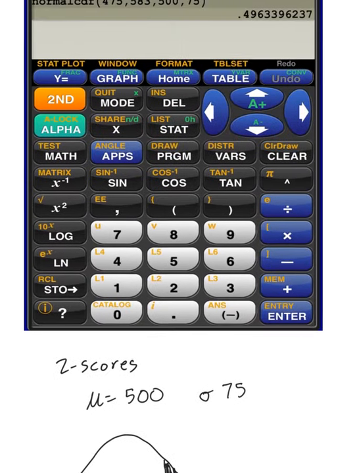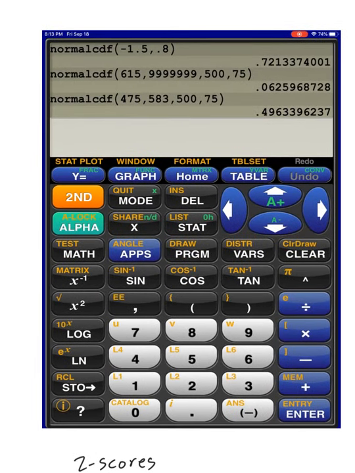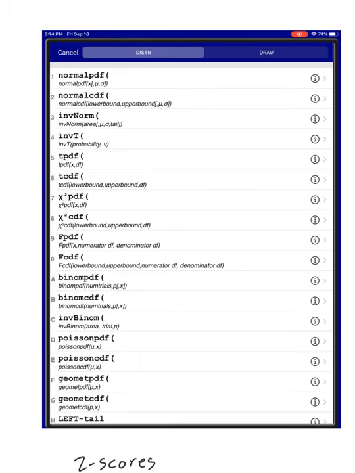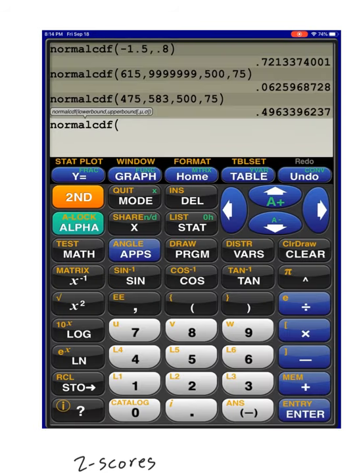So I go back to my graphing calculator, second distribution, normal CDF. If I want less than 300, would my lower bound be 0? Because you could have 0 apples. The upper bound would then be 300, comma, 500 for my mean, 75 for my standard deviation.